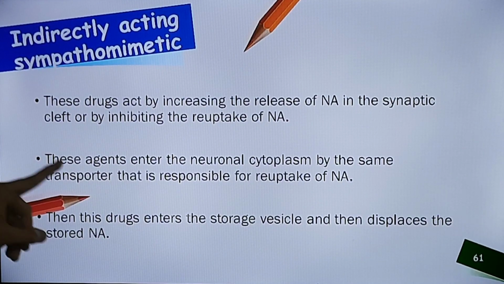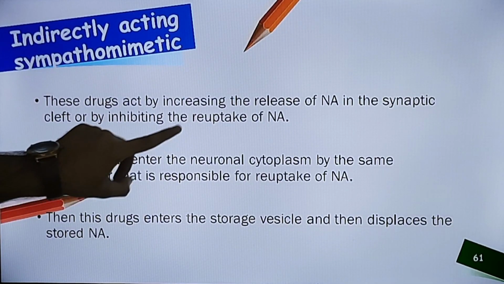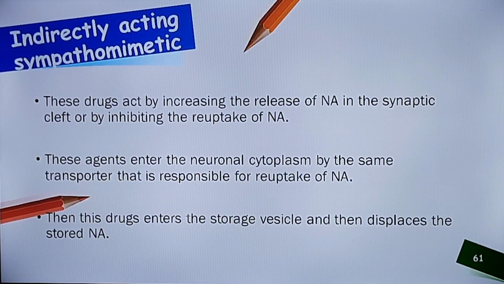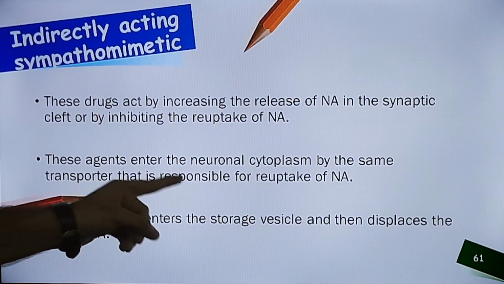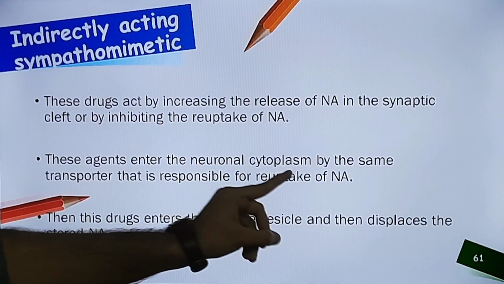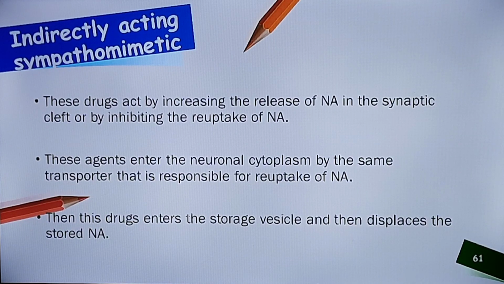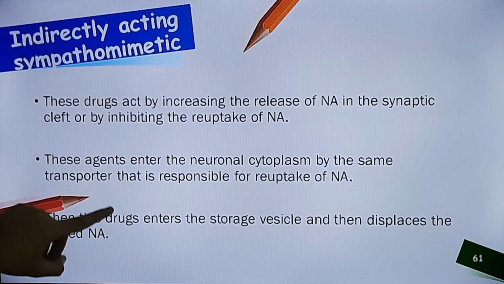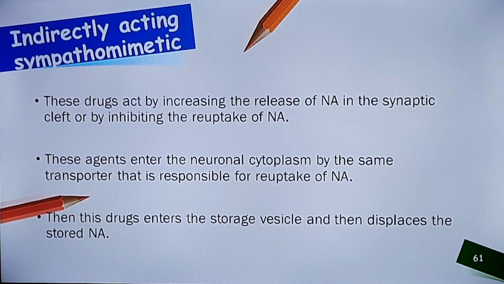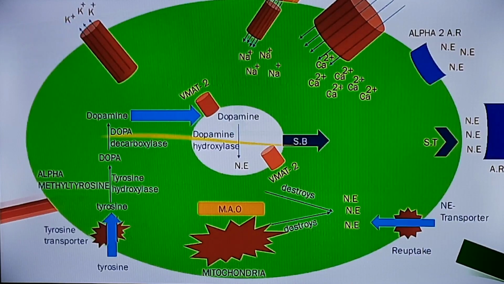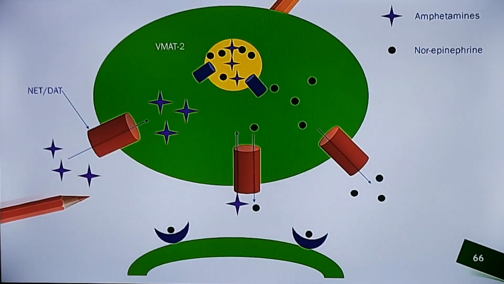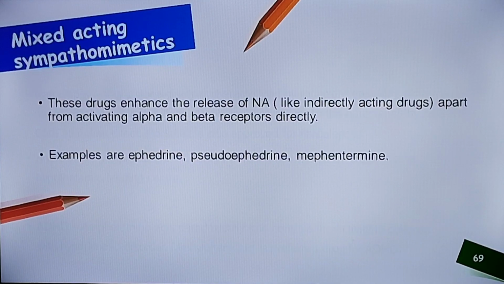These agents actually enter the neuronal cytoplasm by the same transporter that is responsible for reuptake of noradrenaline, and ये particular statement हमने बहुत अच्छे से देखा है in case of amphetamines. ये जो ड्रग है it enters the storage vesicle, and उसके बाद it will displace the stored noradrenaline. So remember these points. Now let's move on to our mixed acting sympathomimetic drugs.